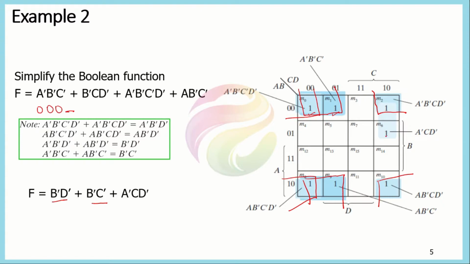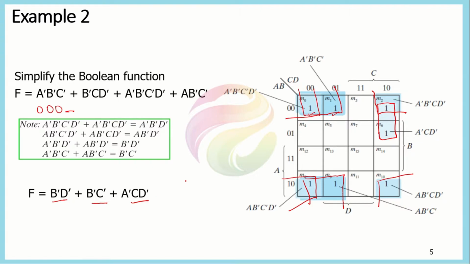Now we are only left with this one here. We cannot add it into a block of 4. So the maximum we could do is add it with an adjacent square to form a block of 2. Now we have a block of 2. We can easily minimize it. The value that is changing here is b, so the final result is a complement into c into d complement.